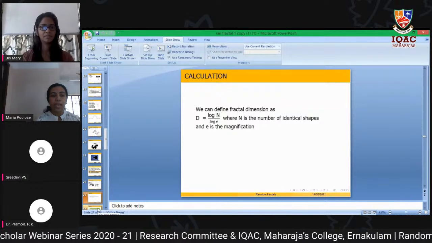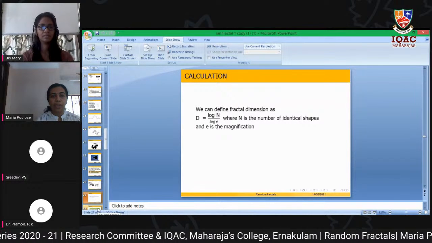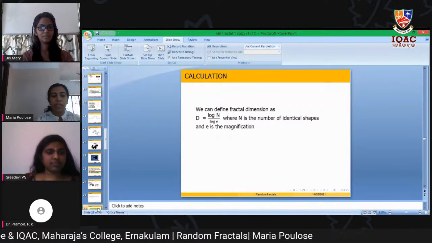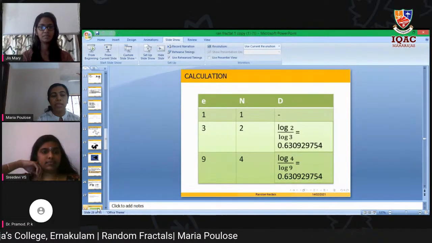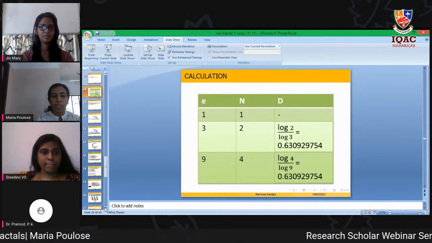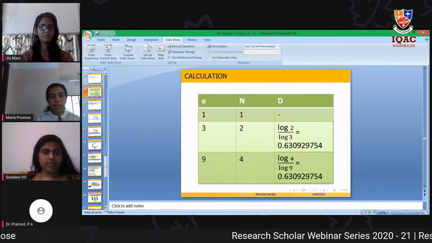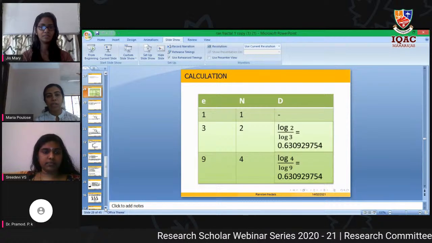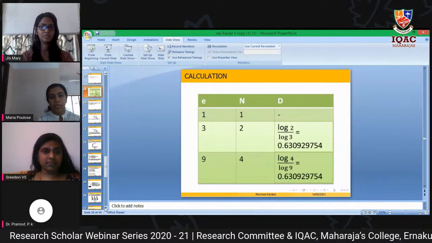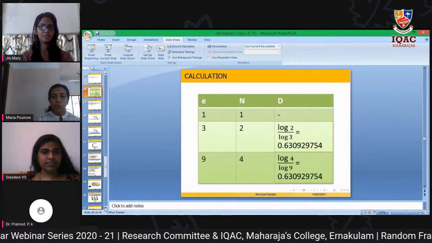Using this N and E, we are calculating the dimension of the Cantor set and noting it in a table. In this table, you can see the values of E, D, and N. In the first case, E is 1 and N is 1. In the second case, E is 3 and N is 2, that is 2 straight lines.